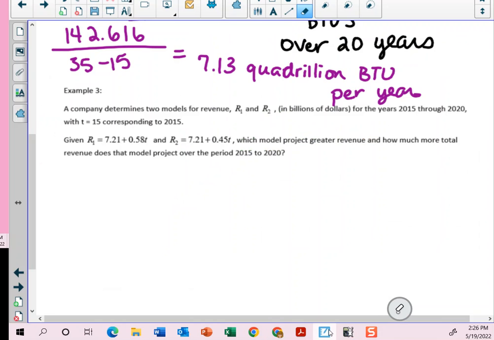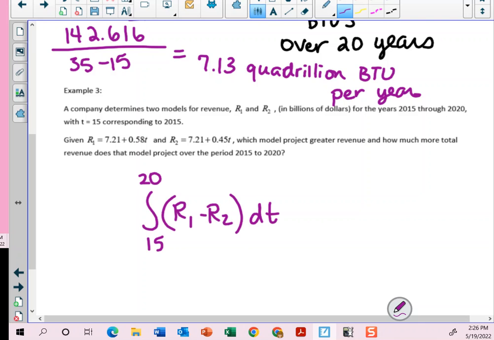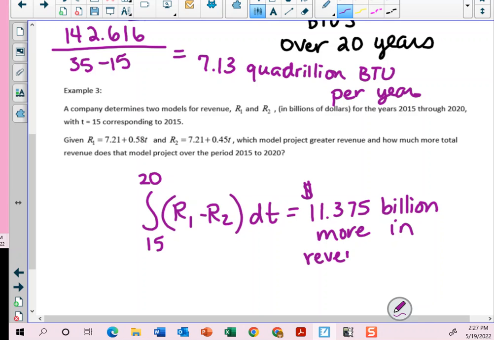So 11.375 looks like our calculation for example 3. That 15 to 20, R1 minus R2 dt, 11.375 billion more in revenue from the R1 model.